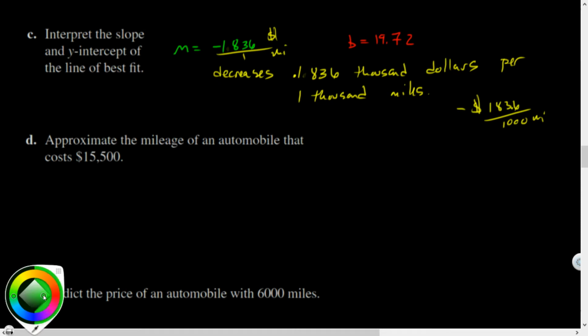The best decimal point you've ever seen. Right there. So yeah, there we go. That makes more sense. I just didn't read my decimal place right. And by translating by 1,000, that means I was going to shift the decimal place 3 places, 1, 2, 3, which is why I got $183.60. So every 1,000 miles more on a car, it decreases in that amount.